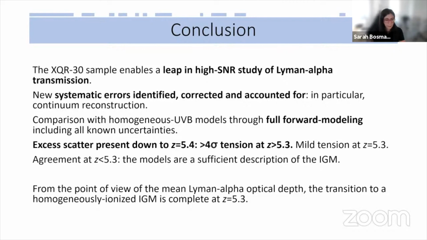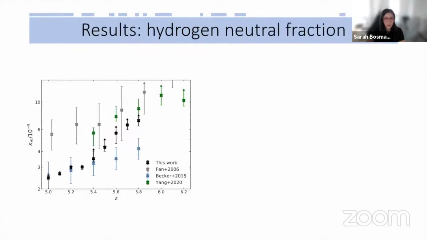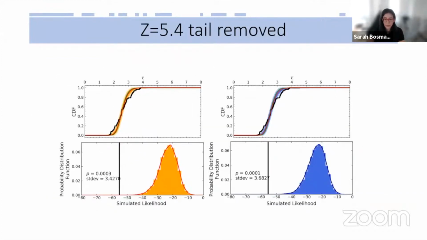But in our measurements, we actually checked that if we exclude all troughs at redshift 5.4, we are still in strong disagreement. So this is this plot here. At redshift 5.4, our measurement doesn't depend on the existence of these troughs, because this is showing them just cut out. And it's really the variance of the measurements of the entire distribution.